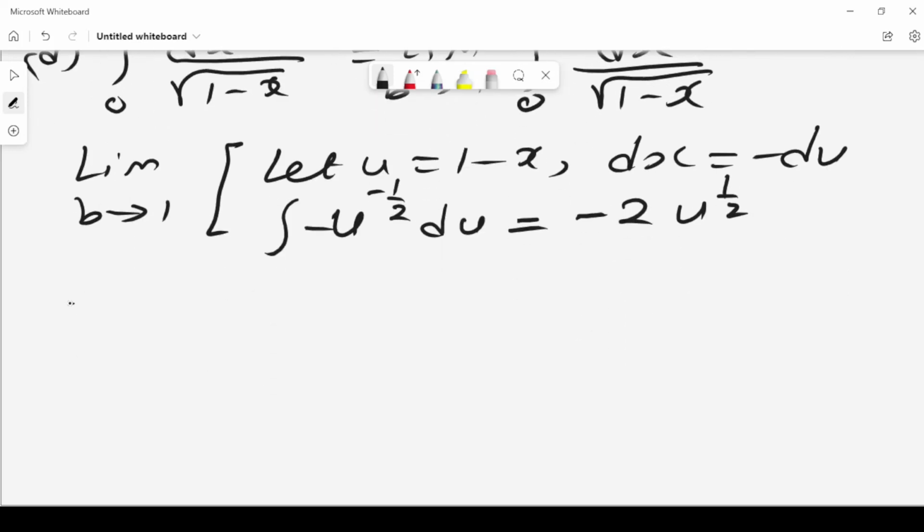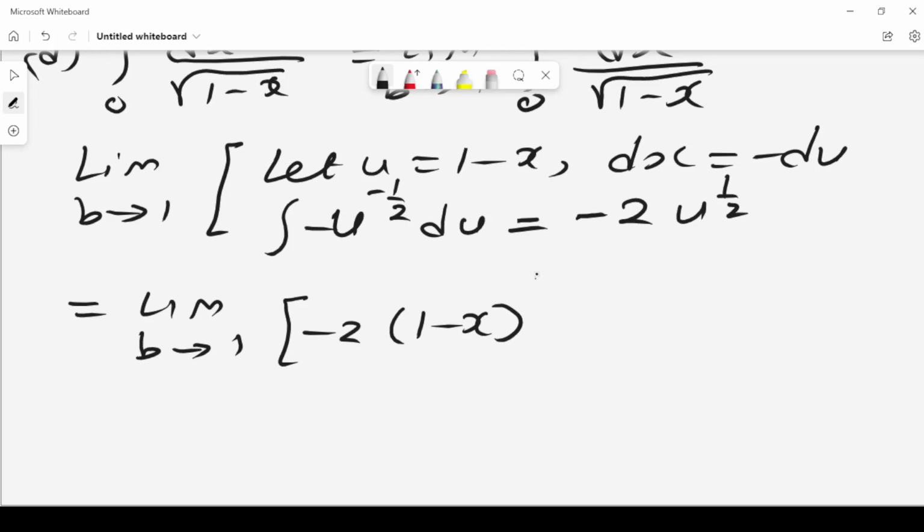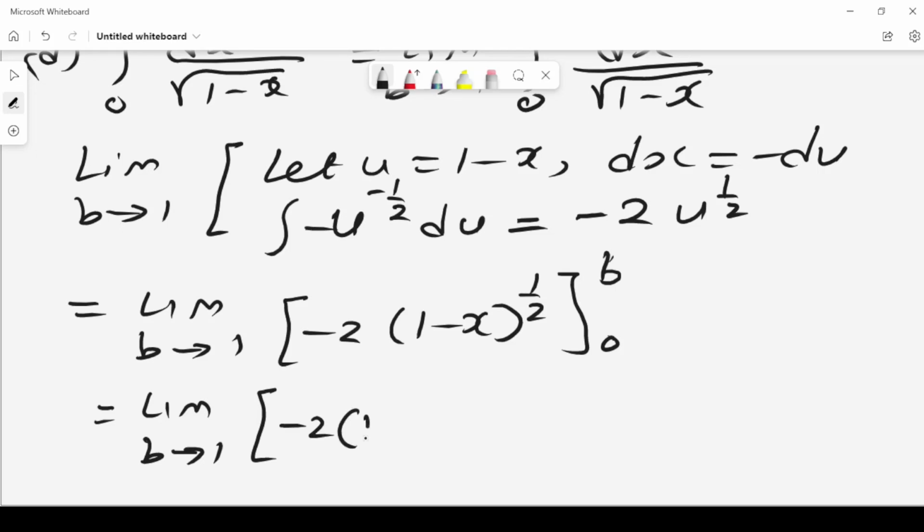That will mean the limit as b tends to 1 of minus 2 times (1 minus x) raised to the power half, looking at 0 and 1. So when it is 1, it is 0, and instead of 1 I'll put b, so it will be the limit as b tends to 1 of minus 2 times (1 minus b) to the power half plus 2, and therefore the solution will be equal to 2.